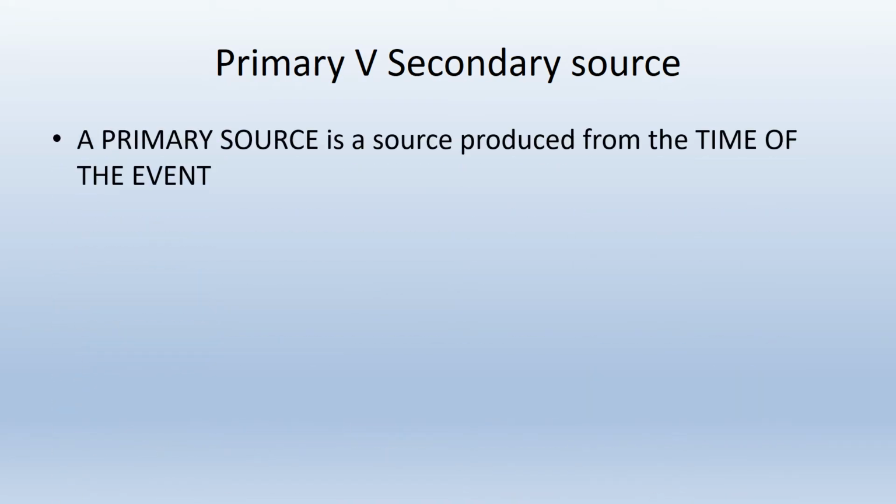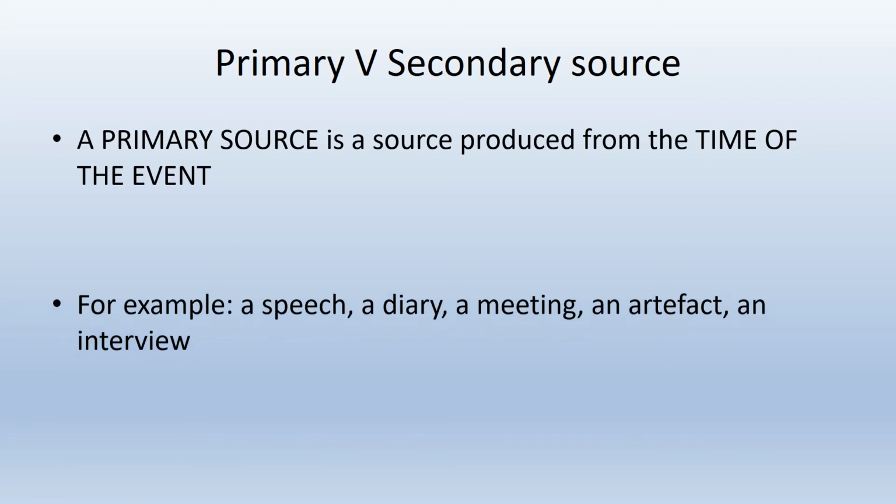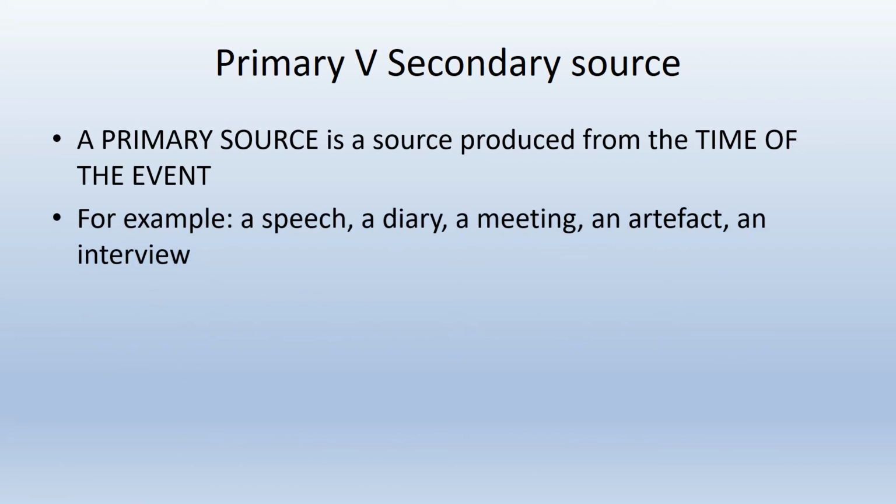Also for your assessment, you need to know the difference between primary and secondary sources. A primary source is a source that is produced from the time of the event. These can include things like a speech from somebody who's maybe at the event, a diary entry from the time of the event, a meeting that's been taking place, an artefact from the time of the event, or maybe an interview. What I mean by the word artefact would be things that would be found on board, say the Titanic for example.